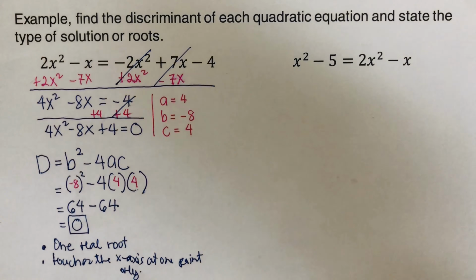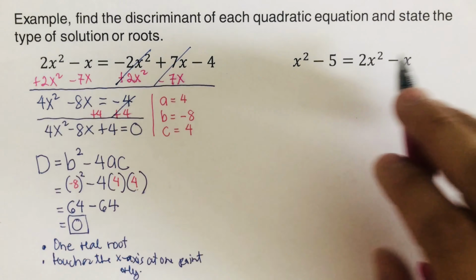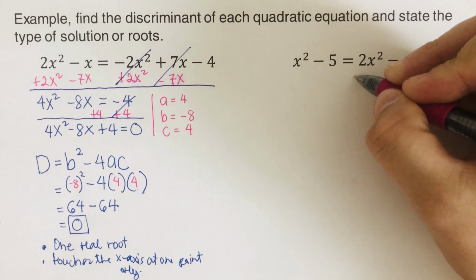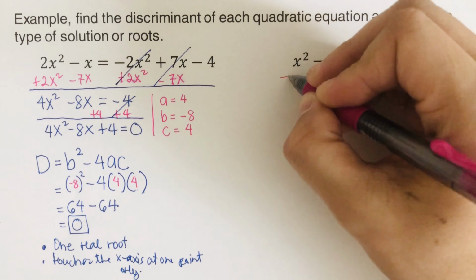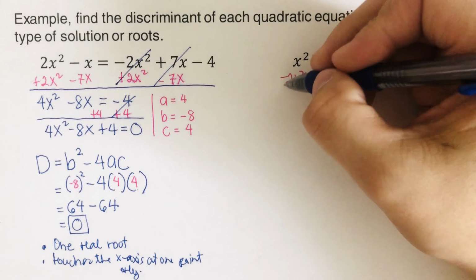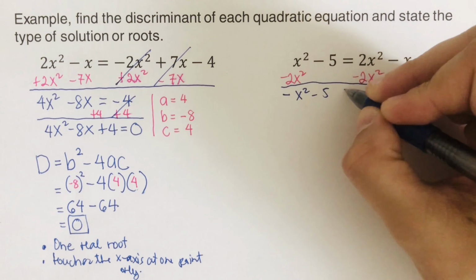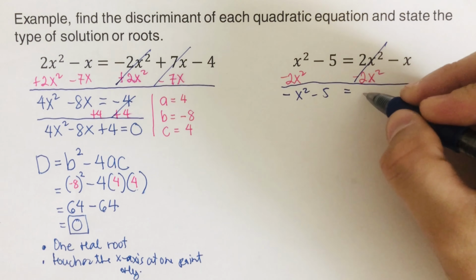Okay, so we go over this. Again, we are going to arrange them so that it's 0 on the right side. So that is minus 2x squared, minus 2x squared. Then this comes out as negative x squared minus 5 equals negative x.